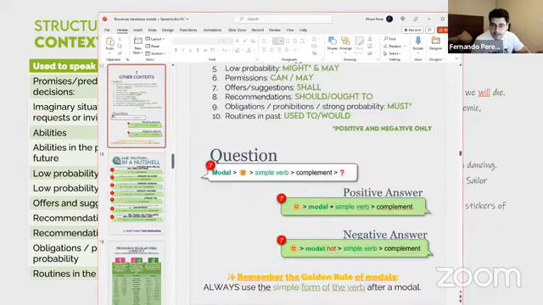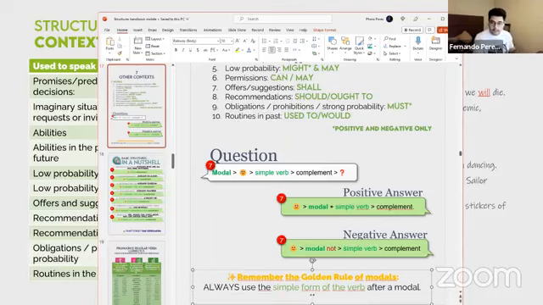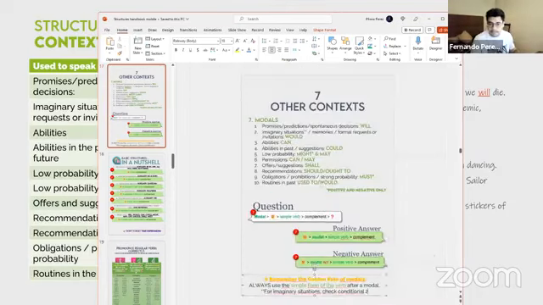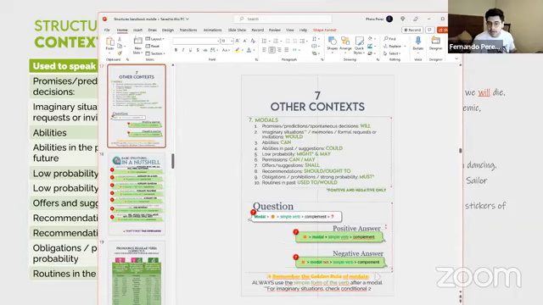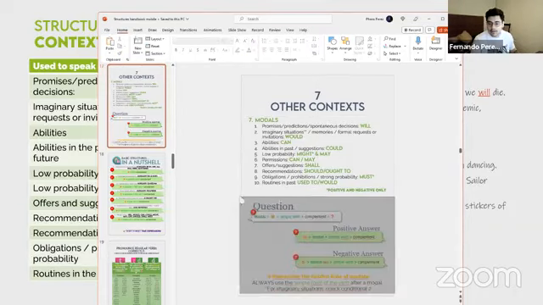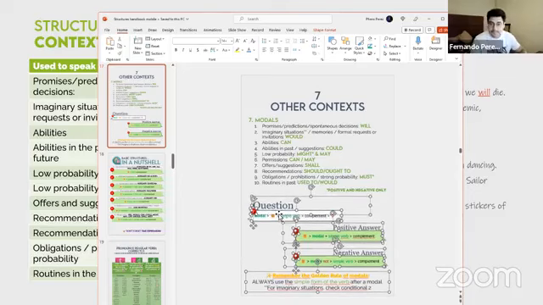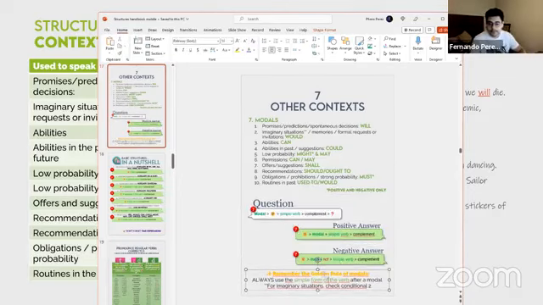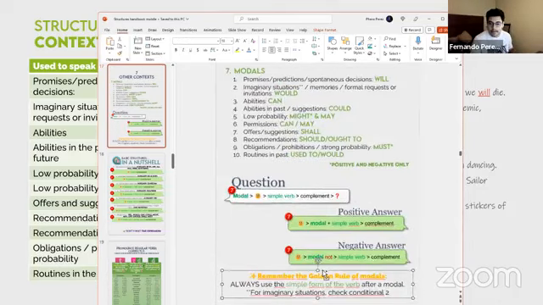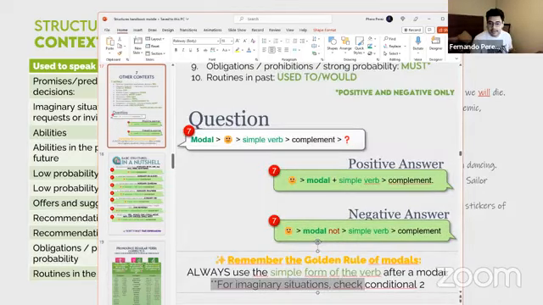Okay, in imaginary situations, check conditional 2. Everybody take these notes in your handbook, please. This for imaginary situations, check conditional 2.